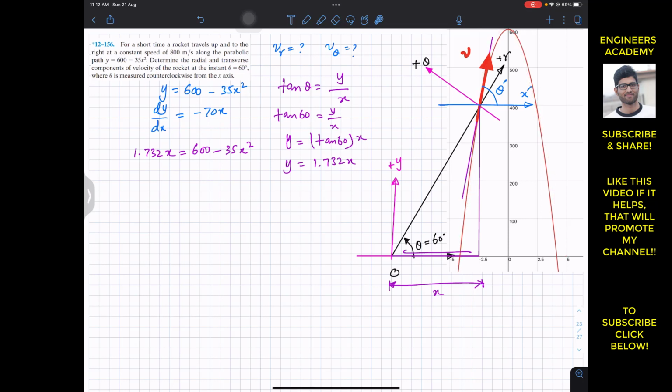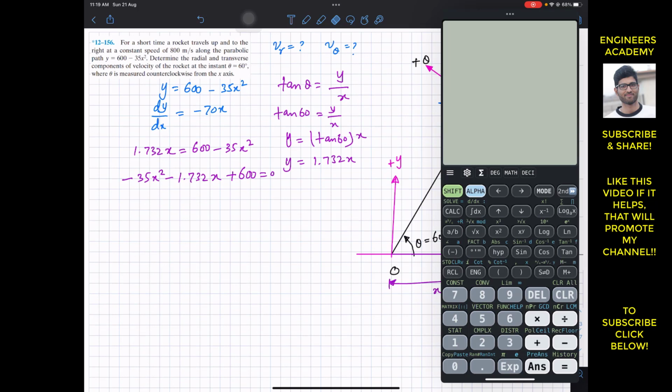But if we plug in this equation, that will give us the x value, that is the horizontal distance of the rocket from point O. So if we rearrange this equation, this is minus 35x squared, and if I bring this to this side of the equation, it will become negative as well. So this is minus 1.732x plus 600, and this is equal to 0. Now let's find the roots of this quadratic equation.